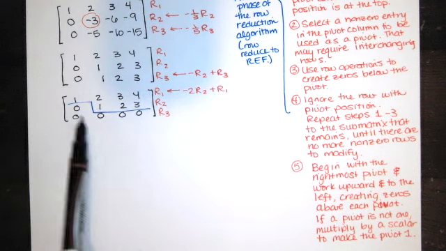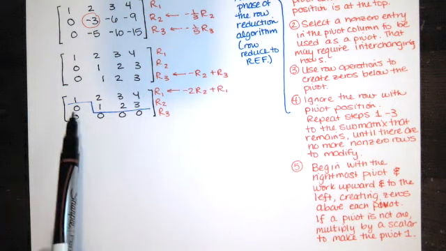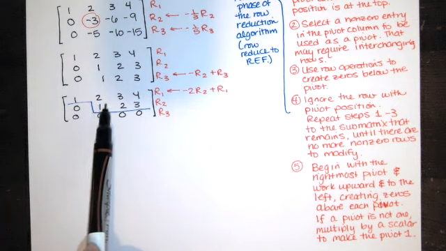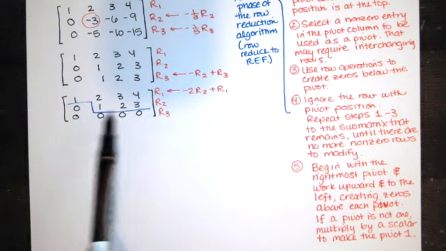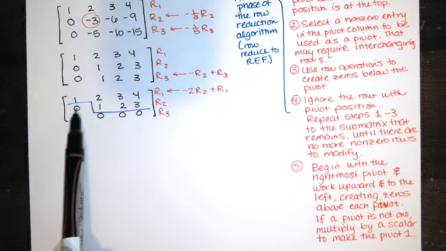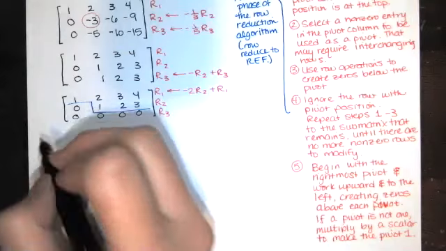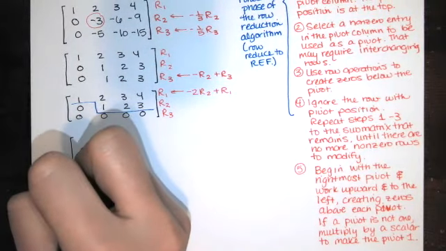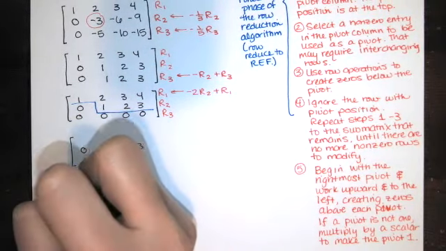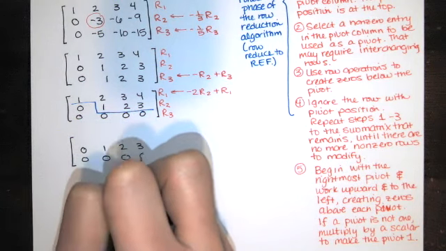If you're going from the echelon form to the reduced row echelon form through row operations like we are right here, this pivot is going to stay exactly the same because of the zeros below it. So we're leaving row 2 alone. We're leaving row 3 alone.